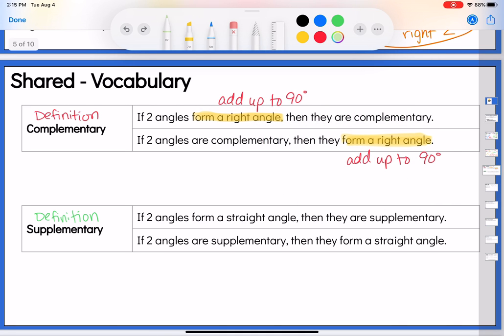But you could swap out your words, form a straight angle, with add up to 180 degrees. If two angles add up to 180 degrees, then they are supplementary. If two angles are supplementary, then they form a straight angle. Or if two angles are supplementary, then they add up to 180 degrees.